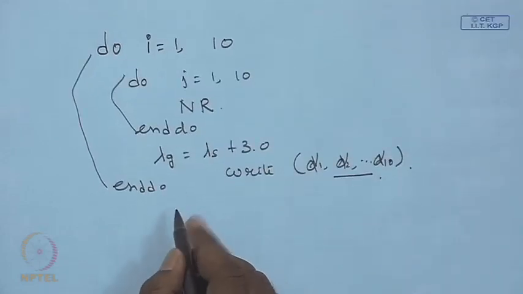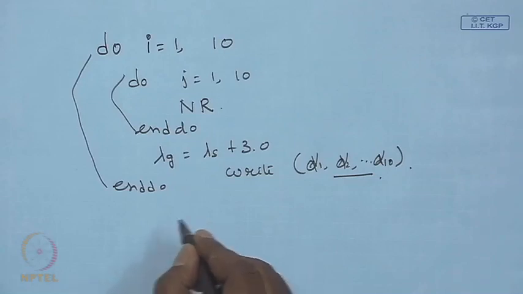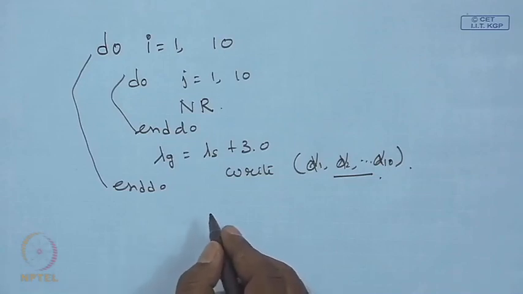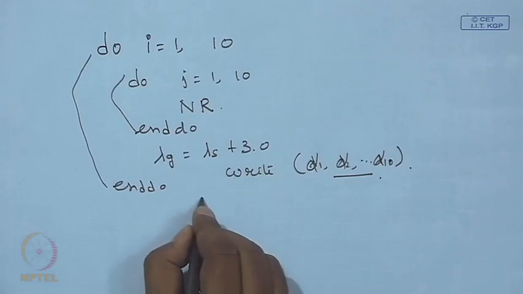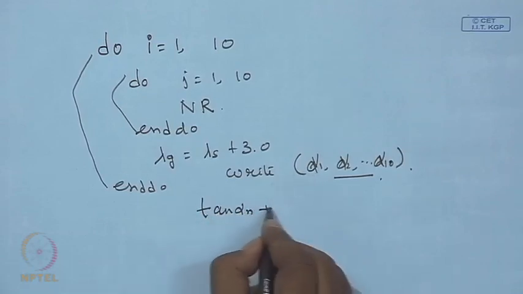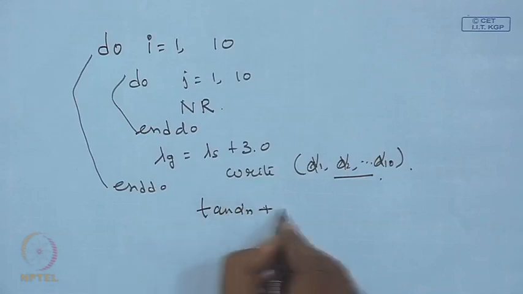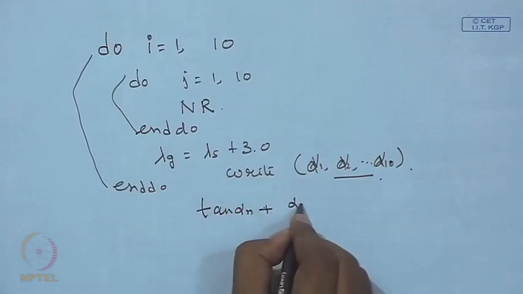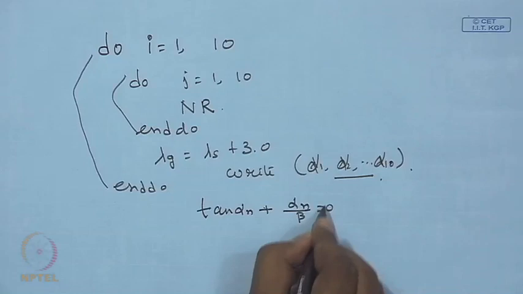So, we cannot get an explicit expression of the eigenvalues in this particular case. We write down this transcendental equation, tan alpha n plus alpha n divided by beta equals 0, in order to designate the eigenvalues.